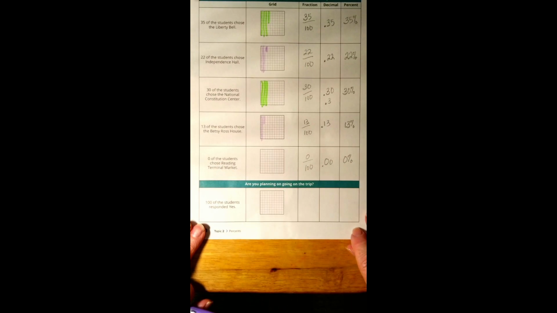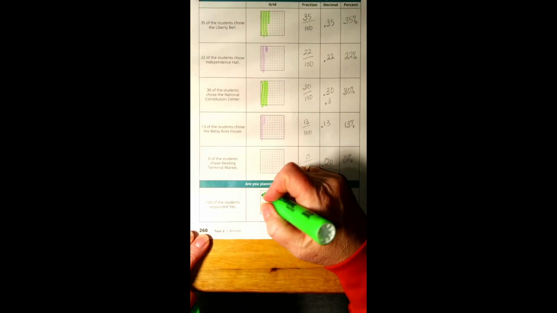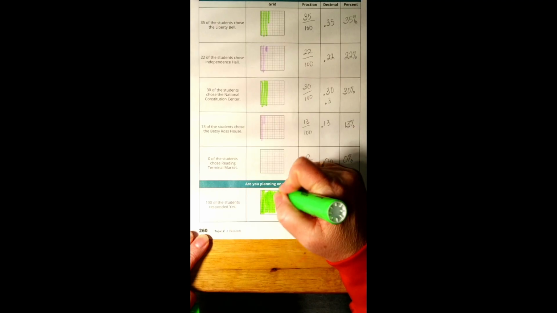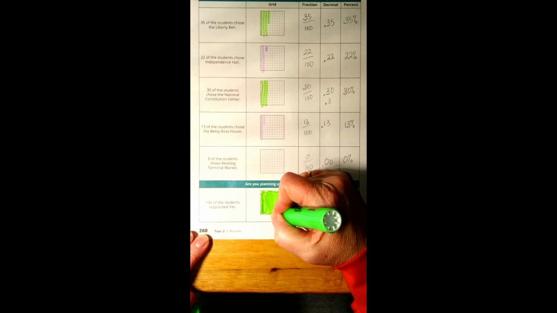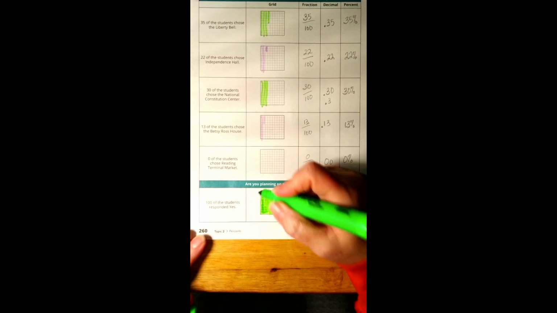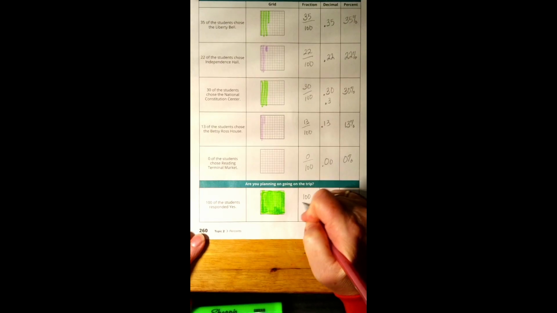And lastly, it says, are you planning on going on the trip? Was the last question they were asked. 100 of the students responded yes. So when you fill this out for the shading, the entire grid is shaded. And then how do you write that as a fraction? Oh, it was 100 out of the 100 students.